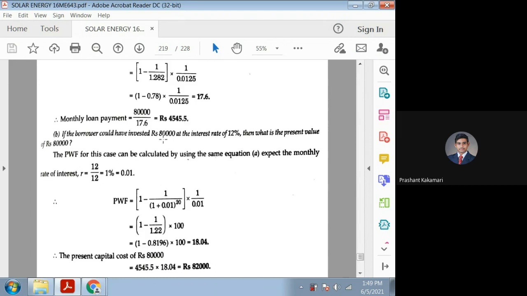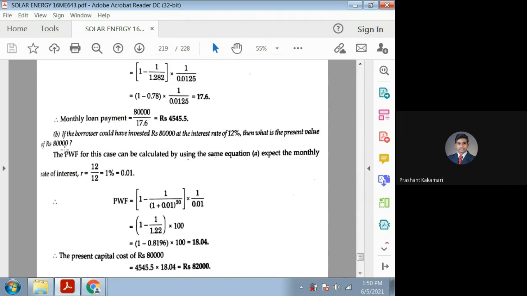If the same loan amount taken in the first case is kept as an investment at a rate of interest of 12% per year, then what is the present value of rupees 80,000? These two cases are not combined, so we are not taking any difference of amount. We are taking this as a fresh problem.